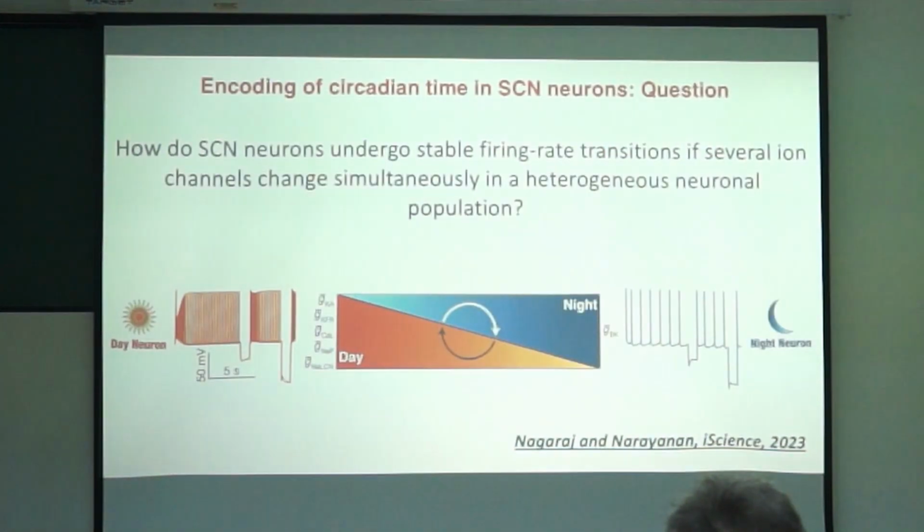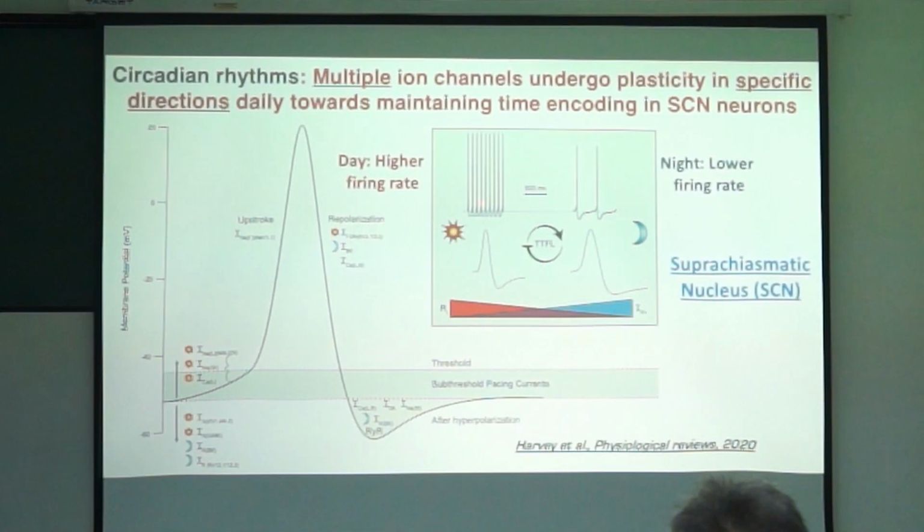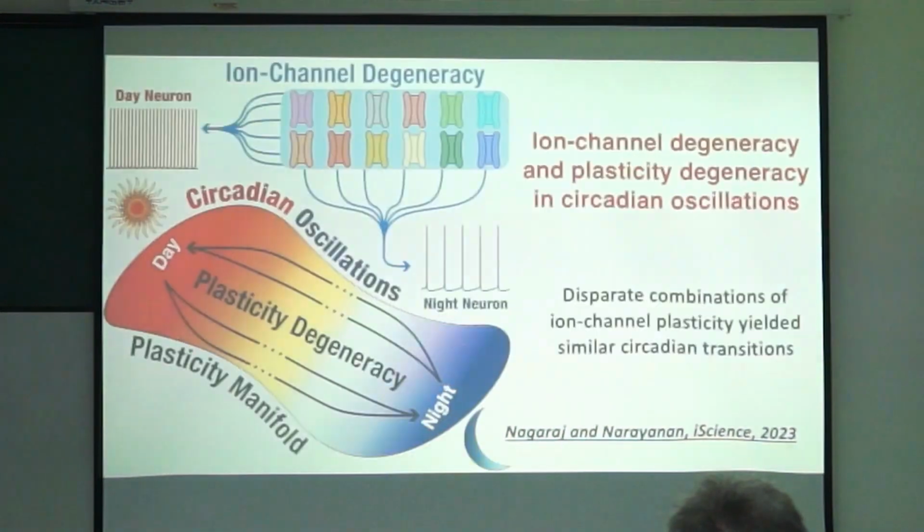You can start from the day-like neuron, go to the night-like level, and come back, and you will not have exactly the same set of ion channels. You will have changed everything, and you would still have the same firing rates, but the kind of channels that are involved changes, and there is a specific structure on which these changes occur.